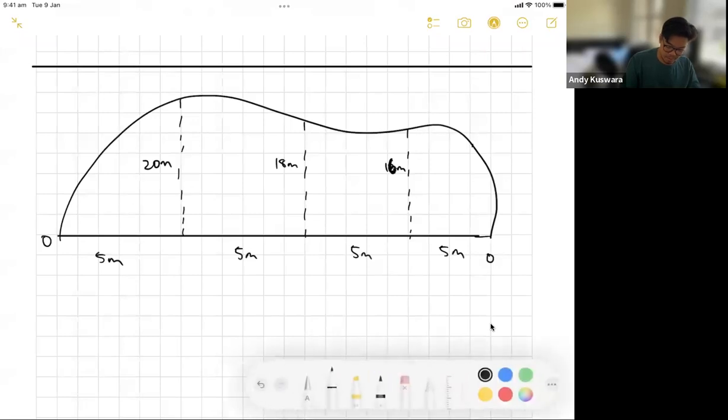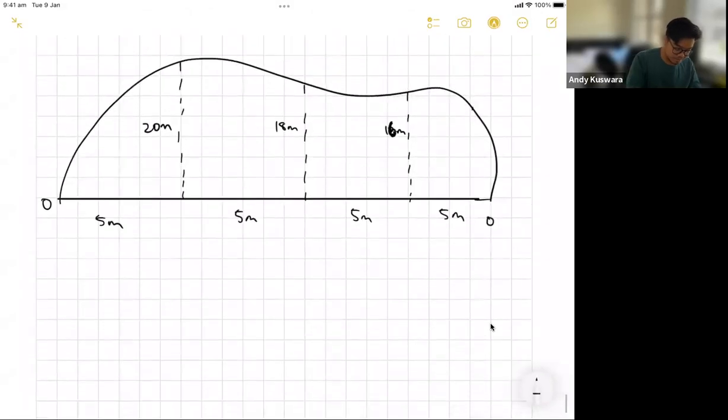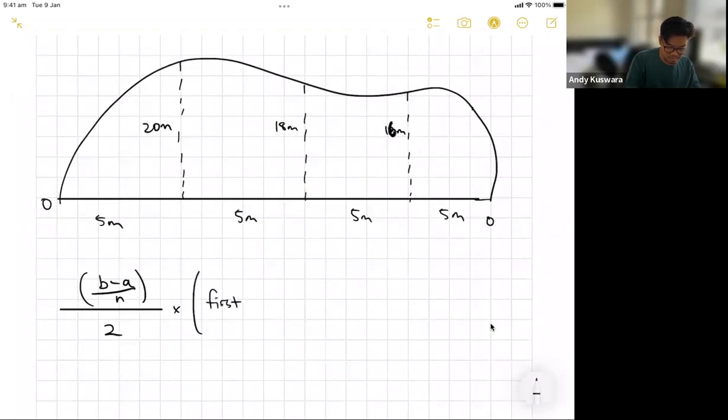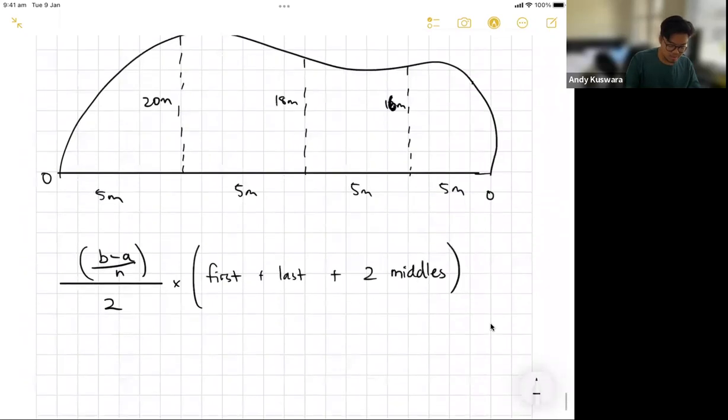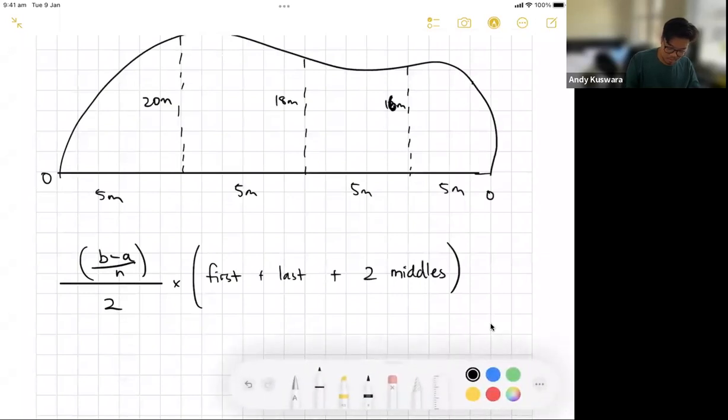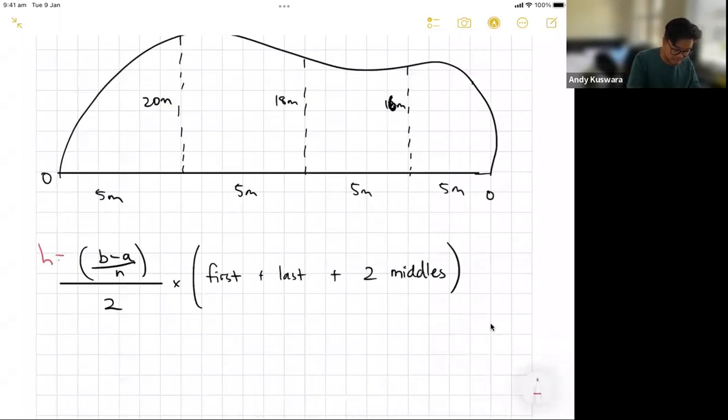Now, if I was to do the trapezoidal rule using this, remember, using multiple subintervals, it's going to be b minus a over n, all over 2, multiplied by first plus last plus 2 middles. Okay, so in other words here, what I want you to think about is that's h.